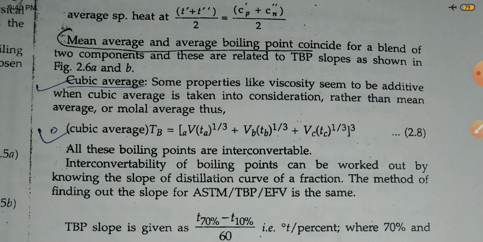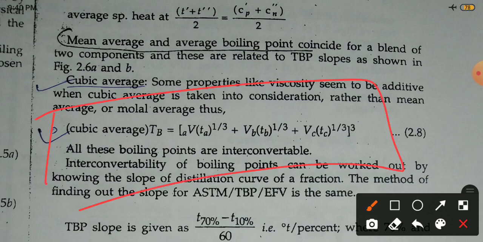Okay, ASTM to boiling point and effective vaporization is the same part. Now this is the main equation, the cubic average.